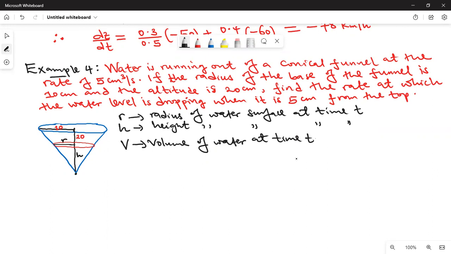What are we given? You need to take note of what you have been given. We are given that the rate at which the volume is changing with respect to time is 5 centimeters cubed per second. You see the volume is decreasing, so that's negative. It's negative 5 centimeters cubed per second because the volume is decreasing.